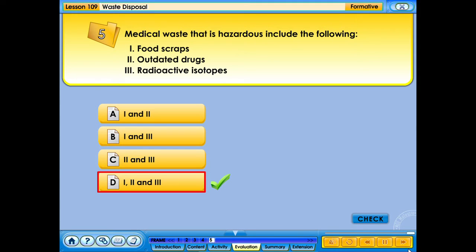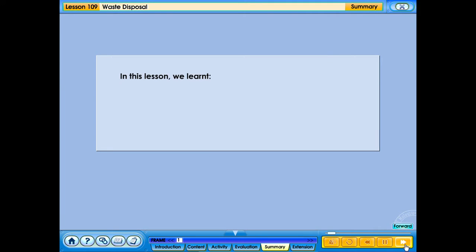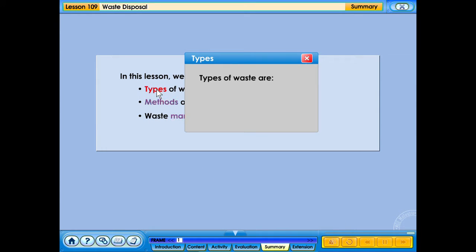In this lesson, we learned types of waste, methods of disposal, waste management. Types of waste are industrial waste, agriculture waste, medical waste, household waste.